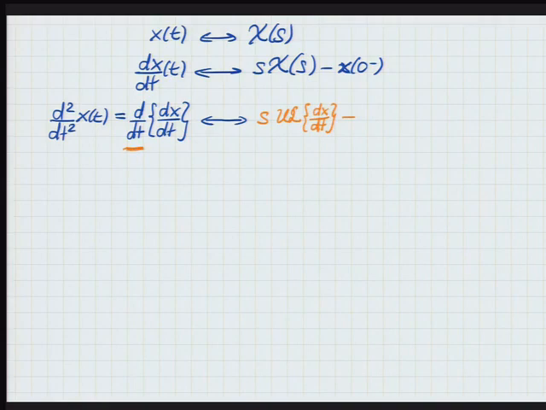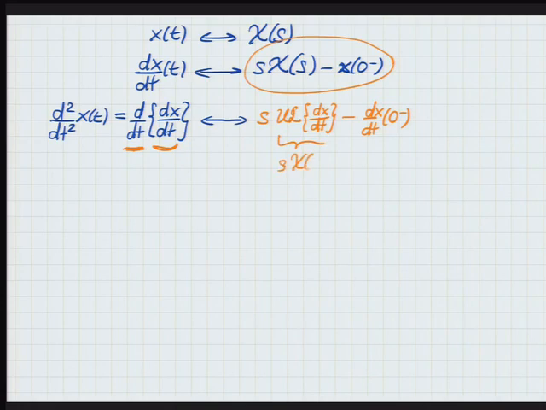Remember, I'm just applying the rule for this now, right? So it's going to be s times the Laplace of what's inside minus the value of the signal at time 0. But what signal am I talking about? dx/dt, right? So it's going to be dx/dt at time 0. Okay? And that I already have. It's here. So this is s X of s minus x of 0 minus.